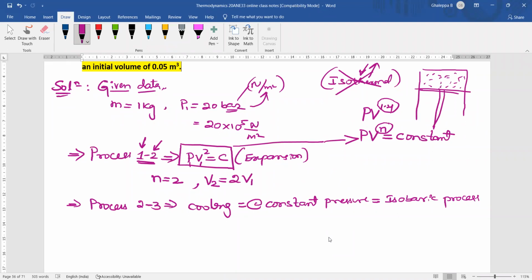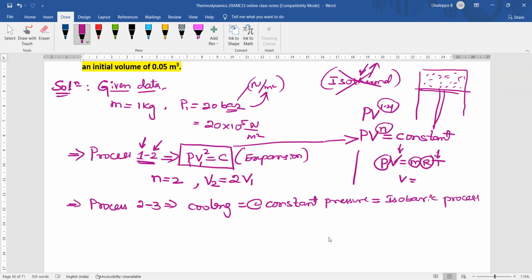What equation will you apply for constant pressure process? Again, dear students, always remember this equation. PV is equal to MRT. Here pressure is constant means P is constant value. M is also constant and R is also constant. Only variables are volume and temperature.